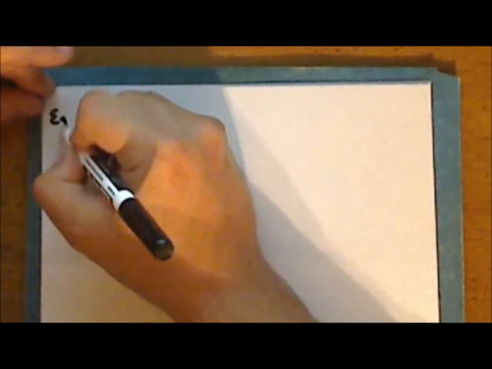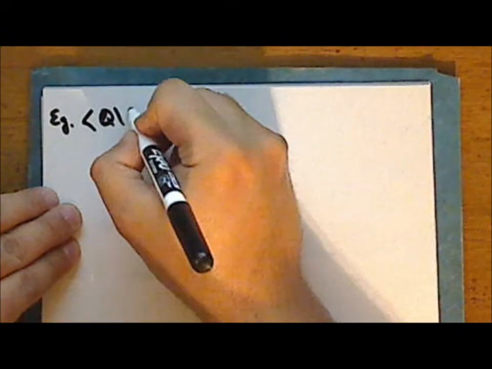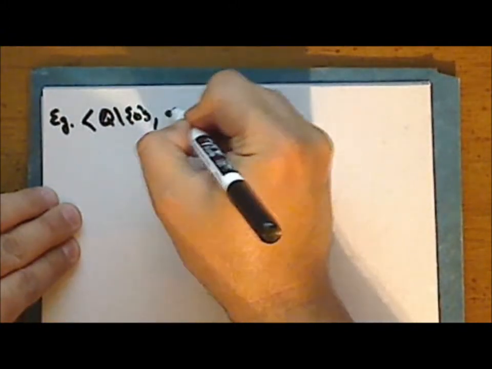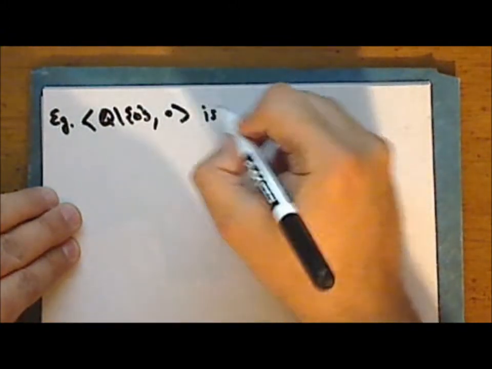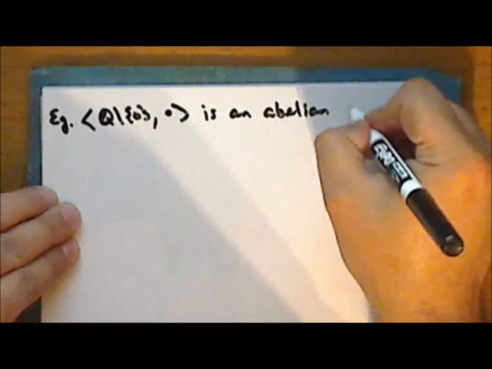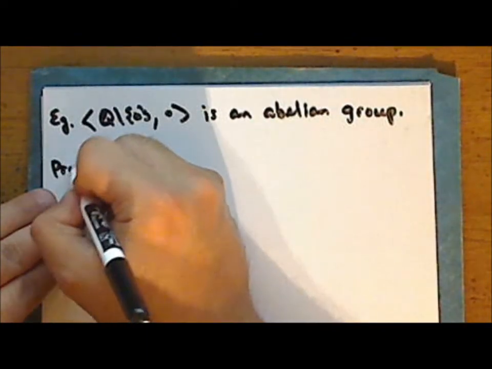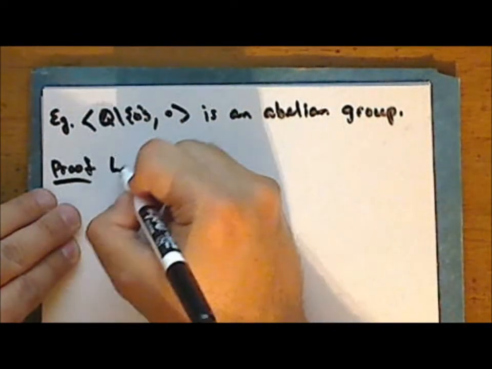Okay, so next we will show that the non-zero rationals under multiplication is an abelian group. So proof.